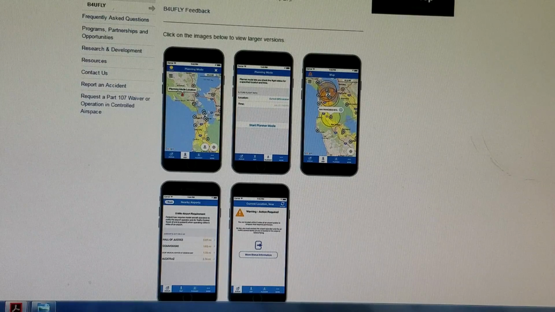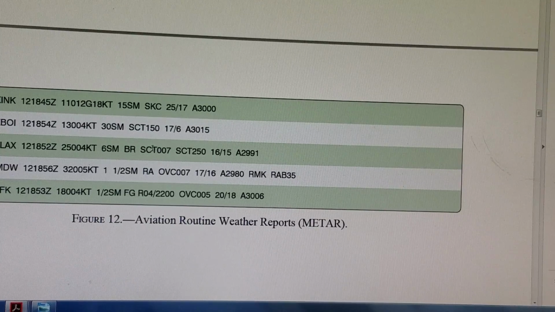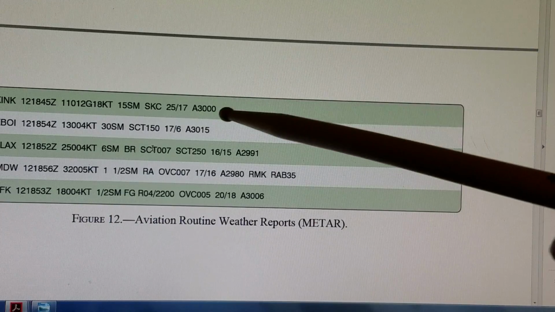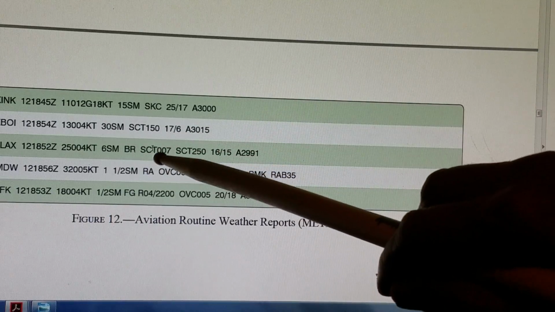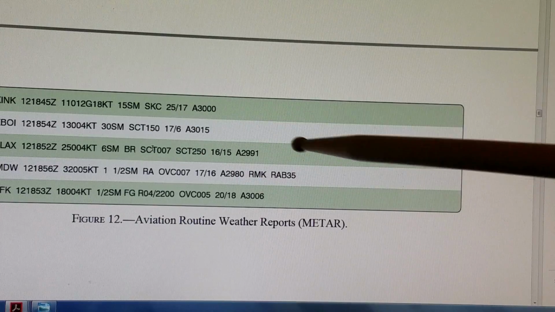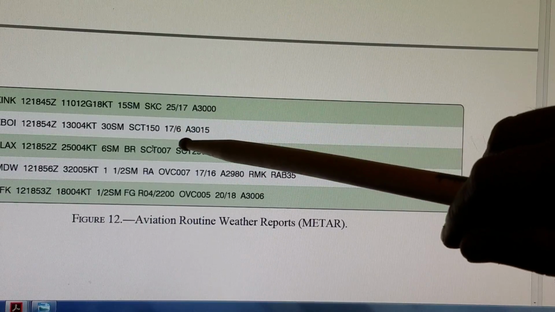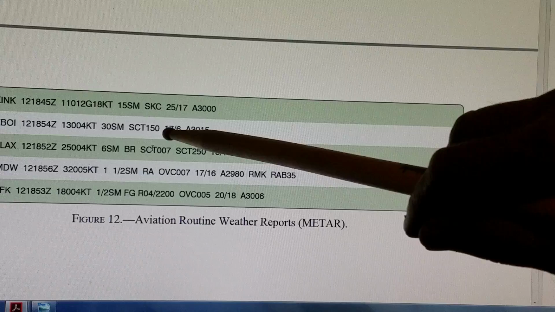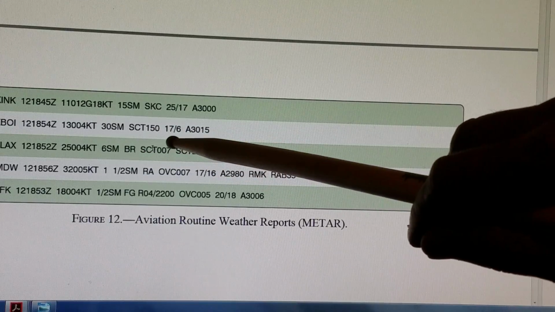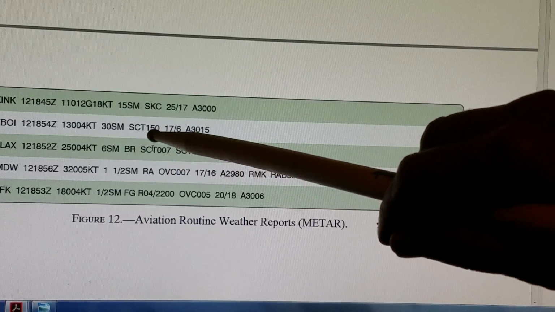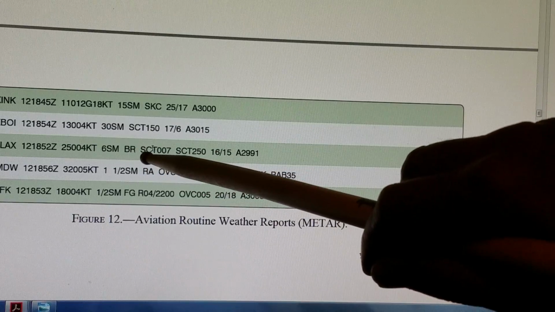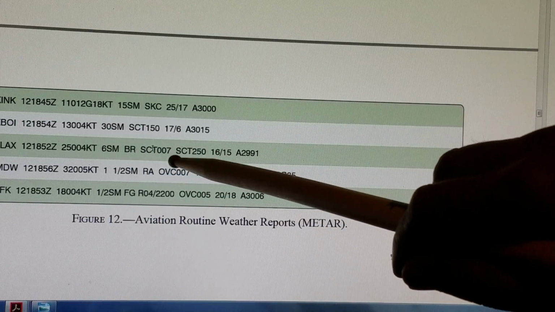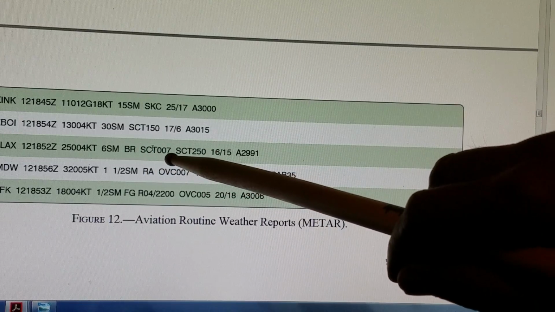And let's bring up one other thing I want you to remember. It's important on the METAR and TAF weather reports: the cloud levels. Here SCT, scattered clouds, but 007 means 700.